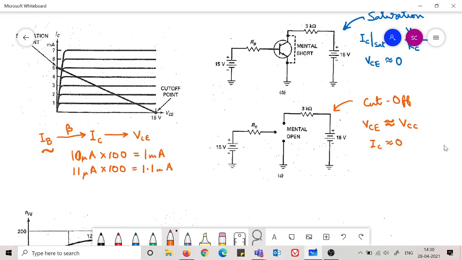So if there is some degree of change, suppose up to 15, here you calculate the percentage change on this side and the percentage change on this side, quite a lot. So there is a large difference in the output side if you change the level of the input.